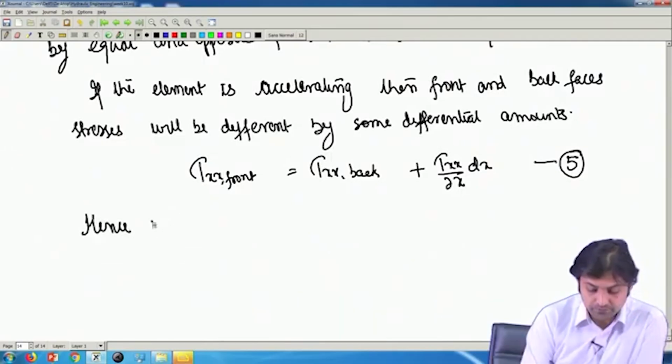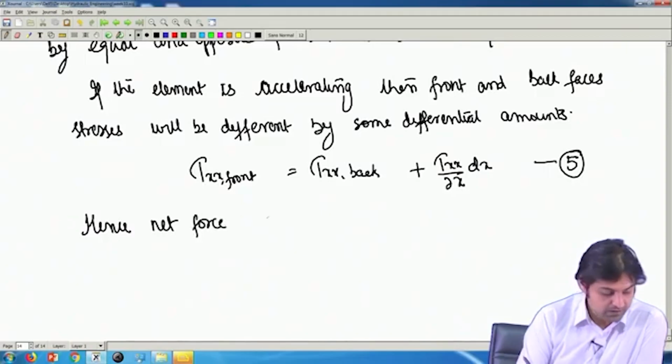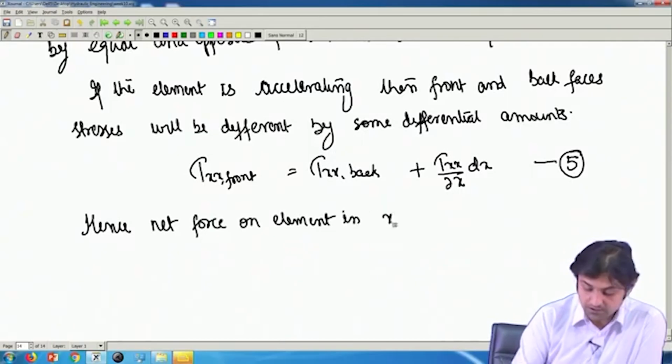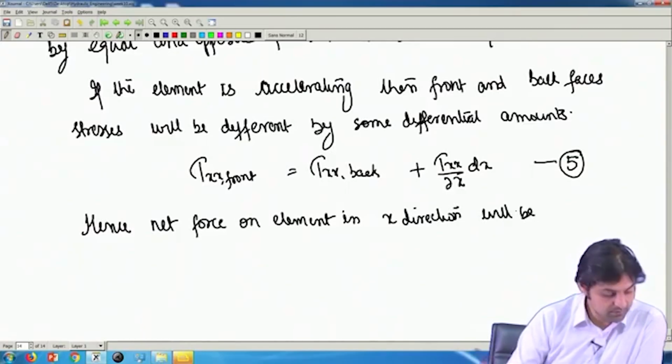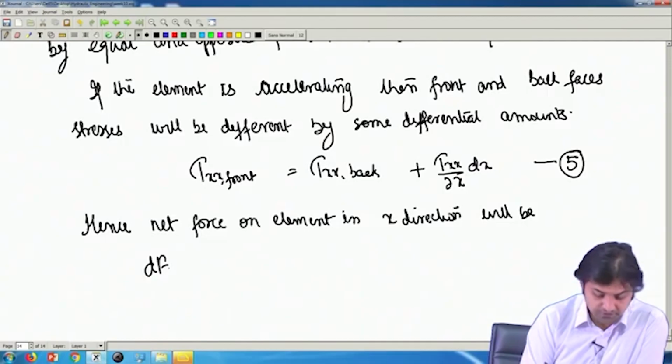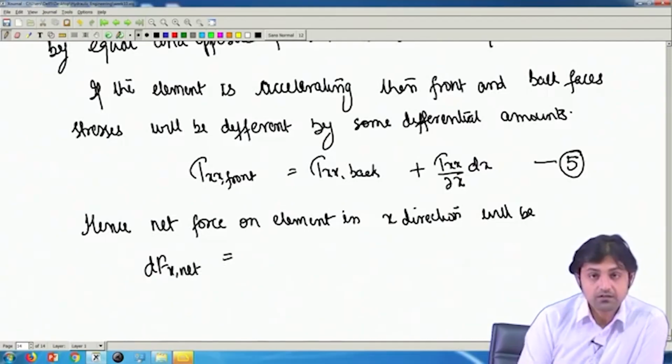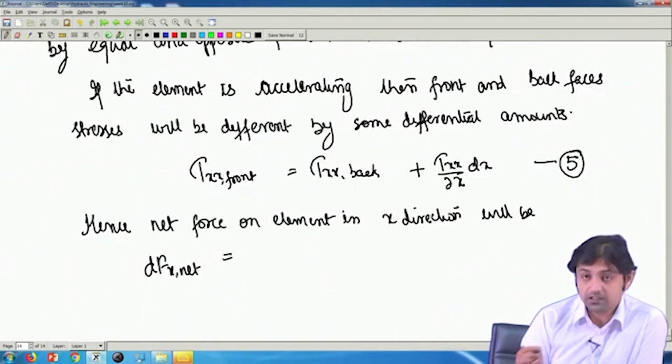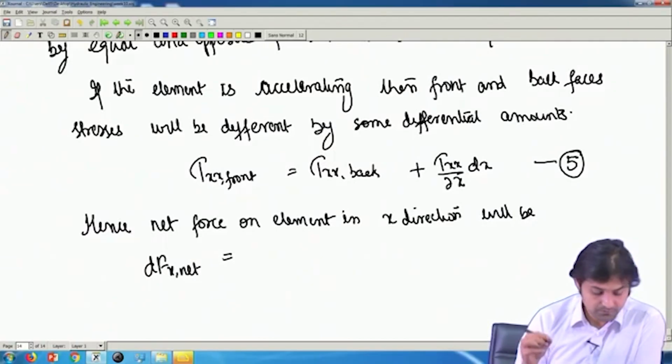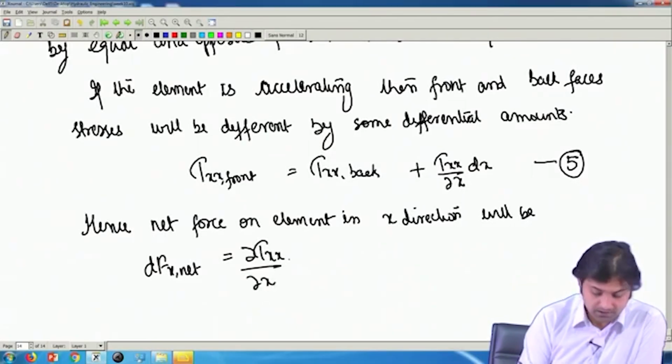Hence, the net force on the element in x direction, dfx net, will be the differential, right? So that is going to be del tau xx by del x into dx, this is the differential stress multiplied by dy dz.